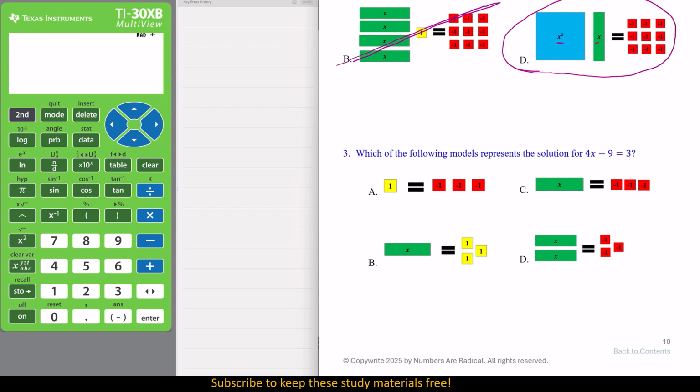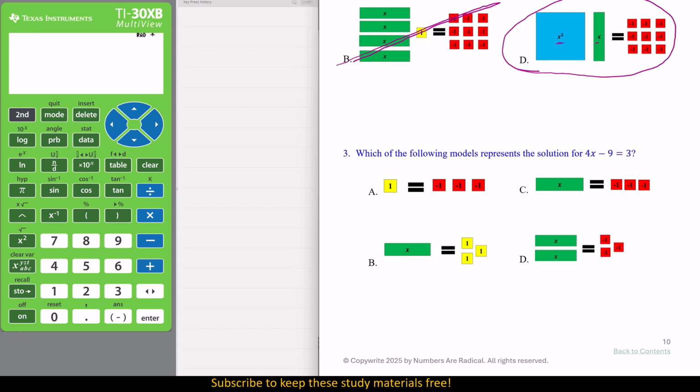If you haven't noticed, we're not using our calculator. This is just an either you know what you're looking at or you're not, until you go to solve something. That's different. Let's look at number 3. Which of the following models represents the solution of 4x minus 9 equals 3?